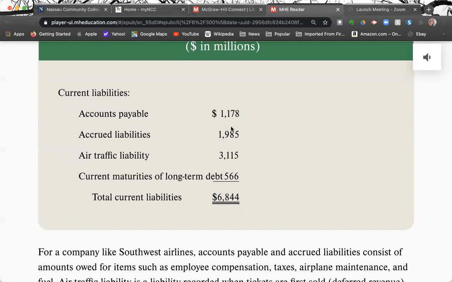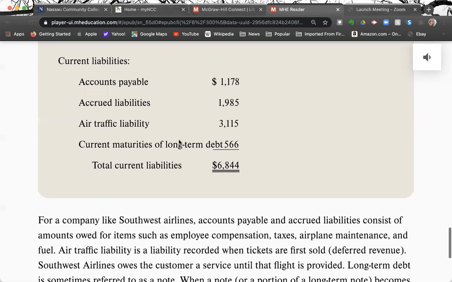Now remember in chapter 3, I think it is, we learned how to make adjusting entries, and we saw that there were accrued liabilities, things like salaries payable, interest payable, taxes payable. Right? That's what they did here. They just lumped them all together. Air traffic liability, I don't know what that means. I would have to read the balance sheet and look at the footnotes. But you can see it's a considerable number. That's $3 billion, right?